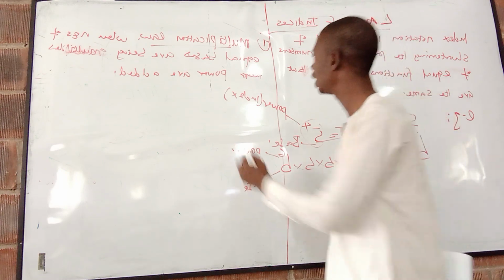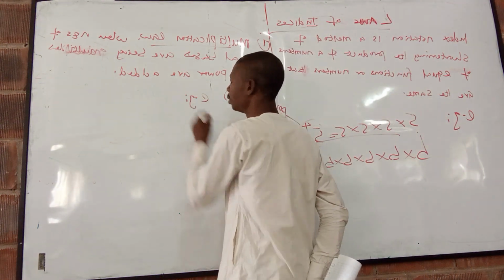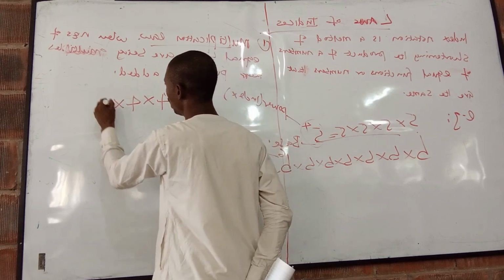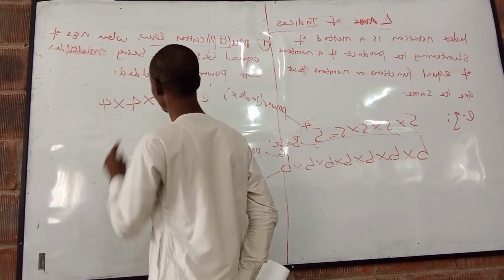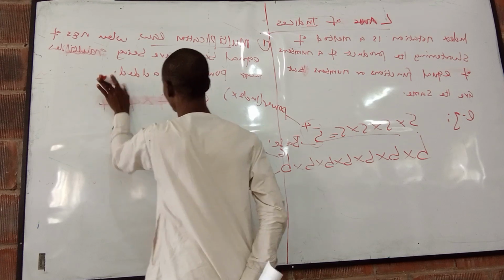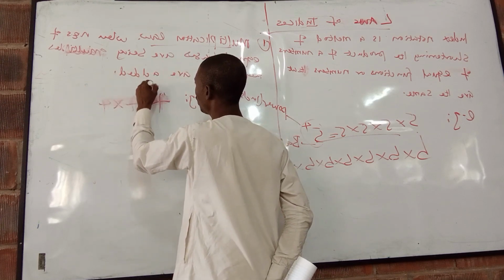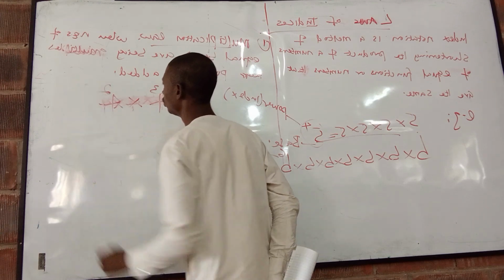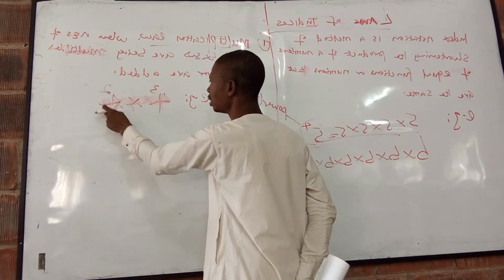What does that mean? Example given: 4 raised to the power 3 times 4 raised to the power 2. So far they have the common base.